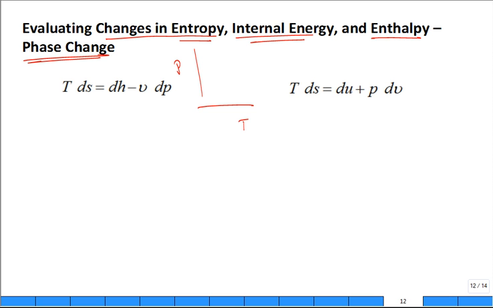But you'll have a point and a line and a line and a line like this, right? That actually goes up, up, up. This goes down, down, down. This ends right here. This is the CP. This is the TP. This region out in here was all where it's gas or vapor. This region over here is all where it's liquid. And this region over here is all where it's solid.